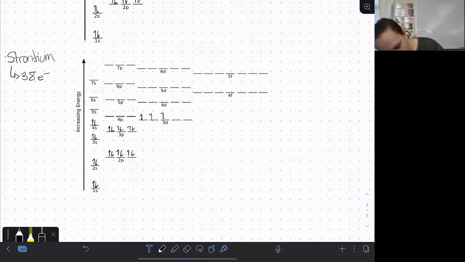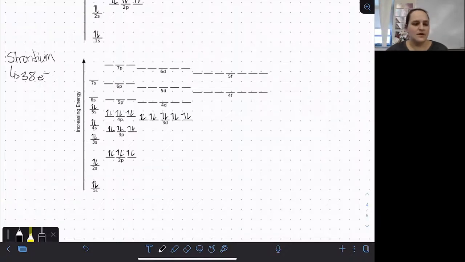The next 10 electrons go in the 3d. The next 6 electrons go in the 4p. And at this point, I should be up to 36. And my last 2 go into the 5s. So that is our filled diagram for a strontium atom.